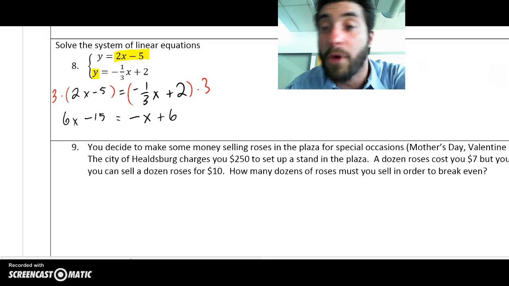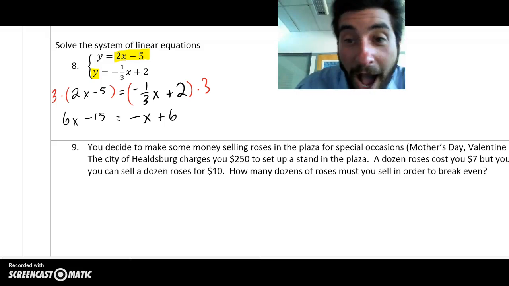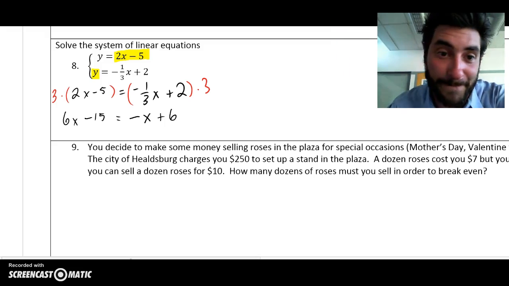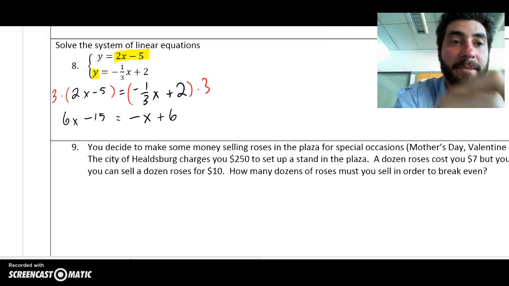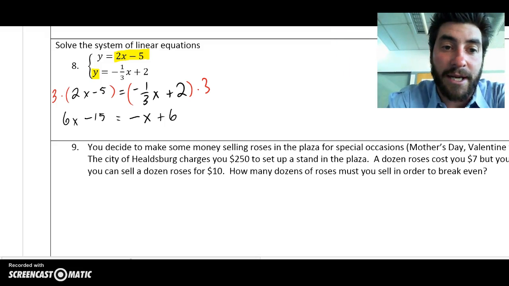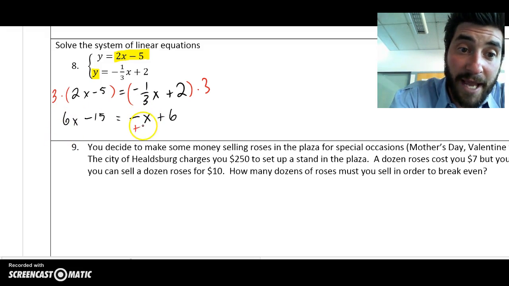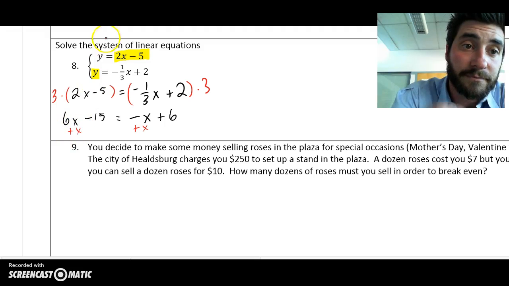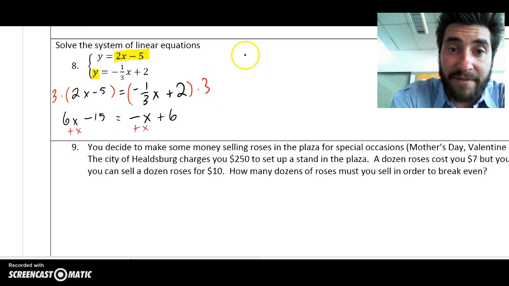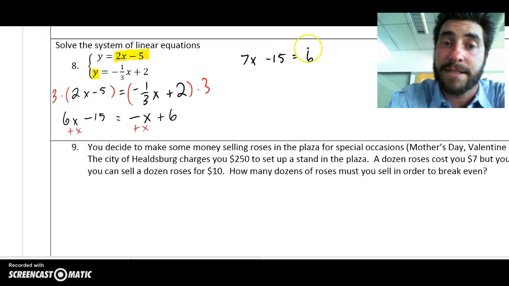Let's move me over. Whoa! Alright, okay, cool. Now I'm going to take this and I'm going to say, well, I don't want x's on the right. I want them on the left. So I'm going to get rid of this by adding an x. I now have 7 x's on the left, minus 15 equals 6.